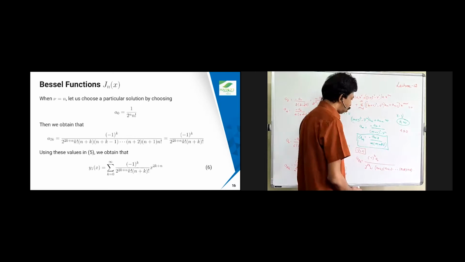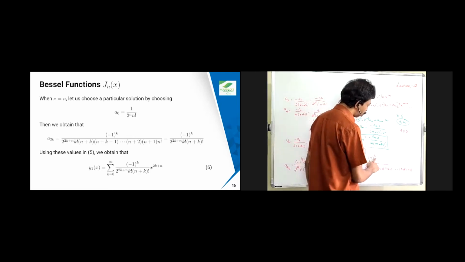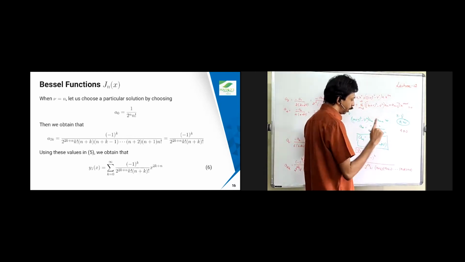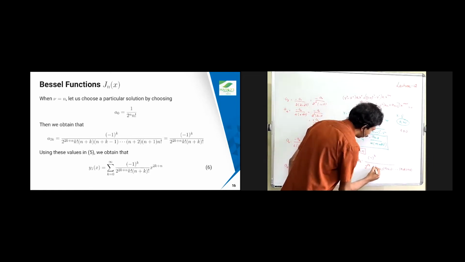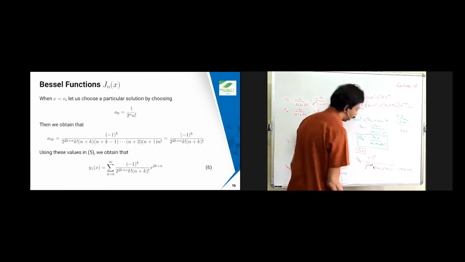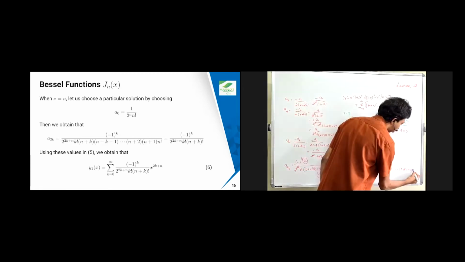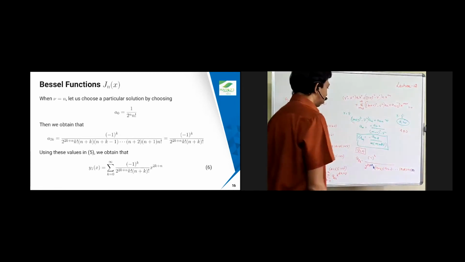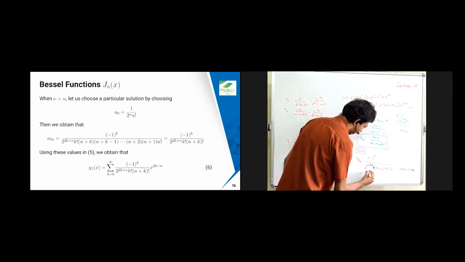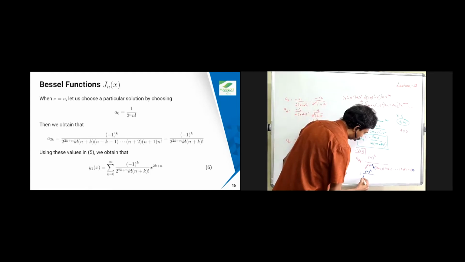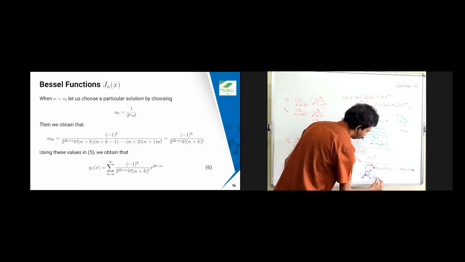So if I choose a_0 equal to 1 by 2^n n factorial, I will get k factorial here, n here, and n factorial there. This becomes (−1)^k divided by 2^(2k+n) into k factorial into (n+k) factorial.